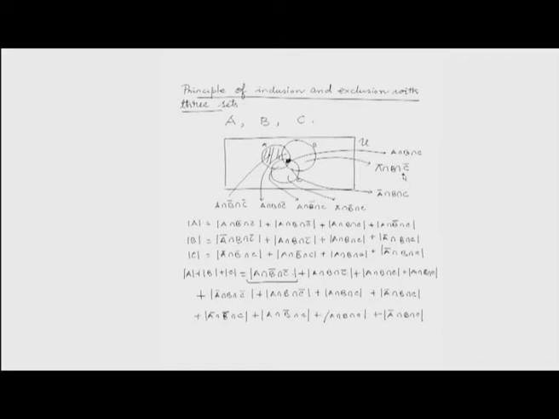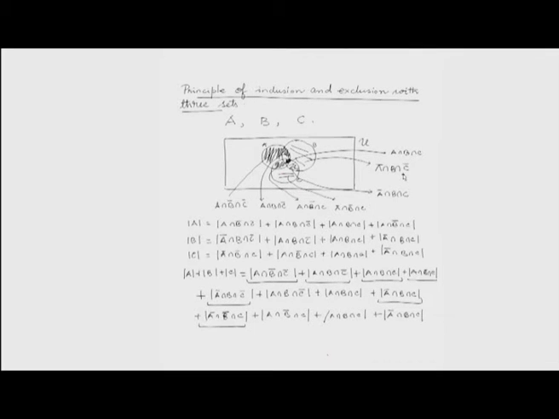Now, what we will see is that A intersection B complement intersection C complement, which is this portion, then A intersection B intersection C complement, which is this portion, A intersection B intersection C, which is this portion, then A intersection B complement intersection C, which is this portion, this is whole of A, and then we have A complement B C complement, this is this portion, and then we have A complement intersection B intersection C, which is this portion, and lastly we have A complement intersection B complement intersection C, which is this portion.